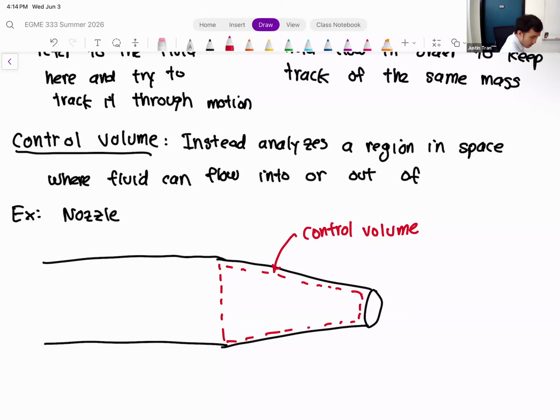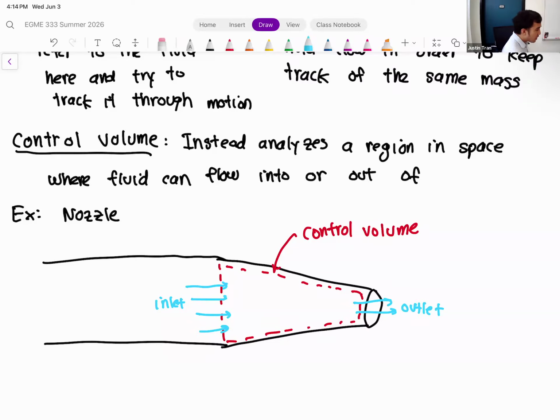But the difference now compared to our systems approach is that fluid can enter this control volume, and then fluid can leave the control volume as well. So you now have this concept of an inlet and an outlet. An inlet is a location where flow enters your control volume, and an outlet is a location where flow exits your control volume.